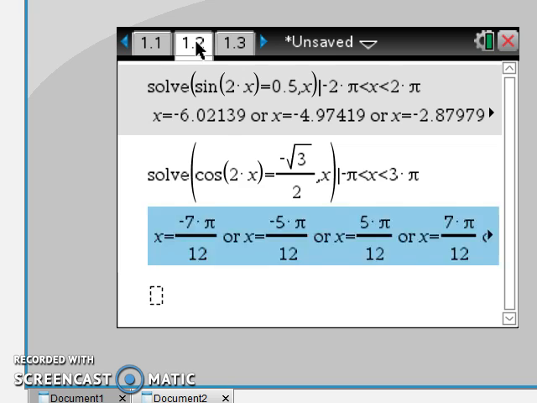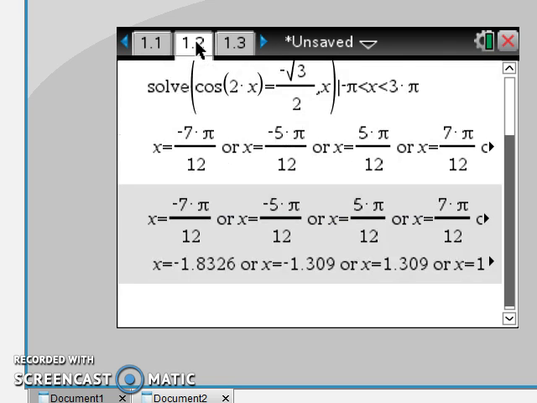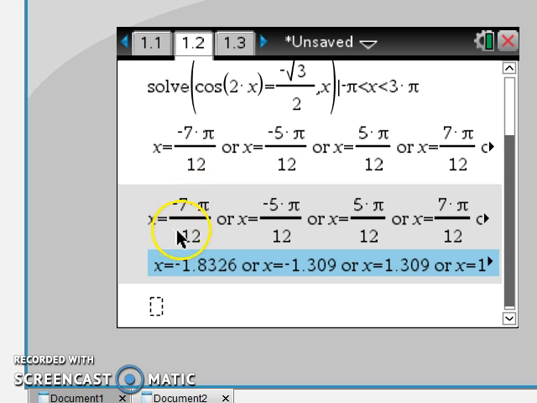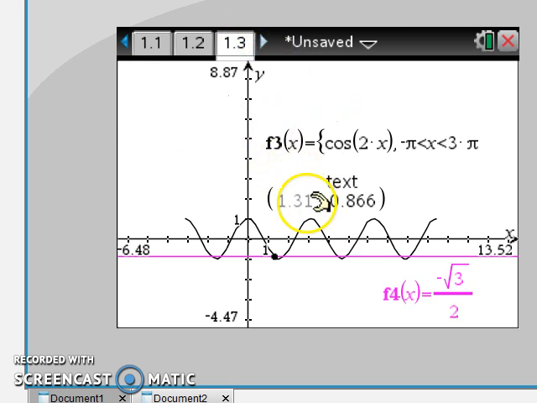Can you see that's that one, that's that one. 5 pi on 12 is 1.309. Okay, so that's the 1 point, it's rounded up here.